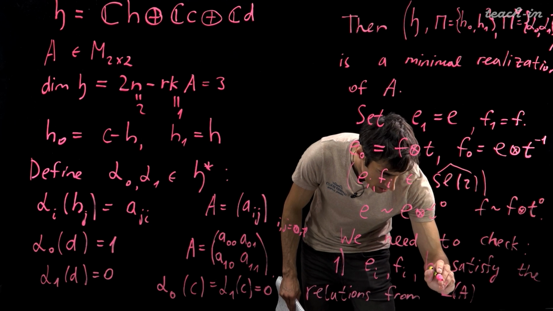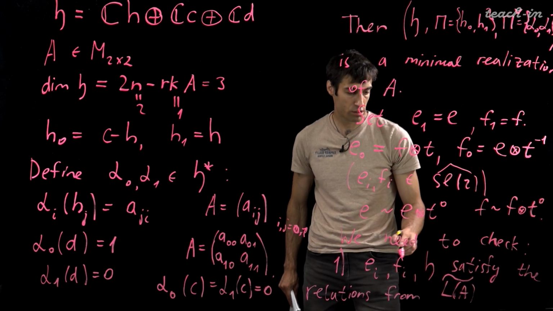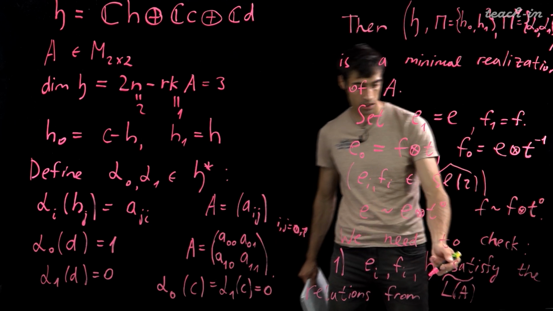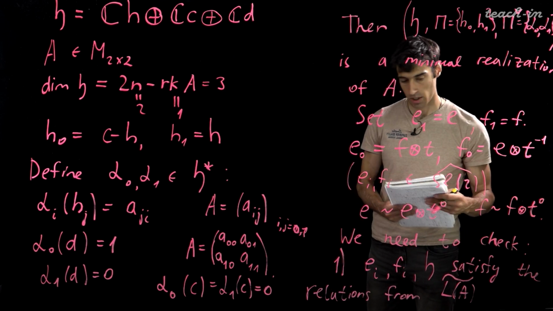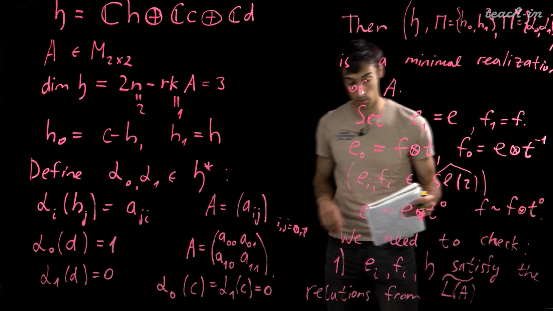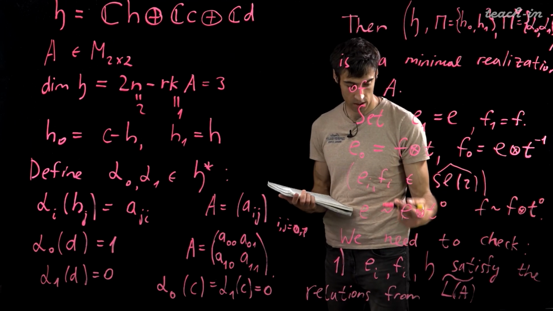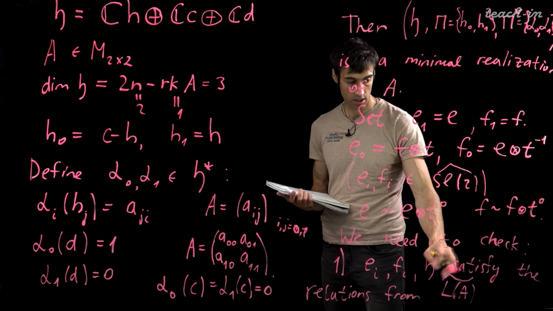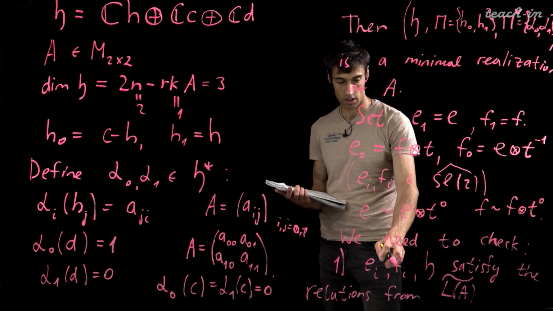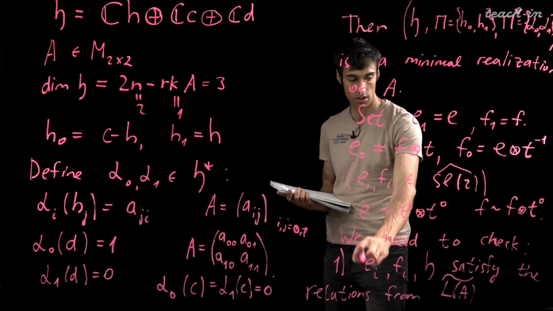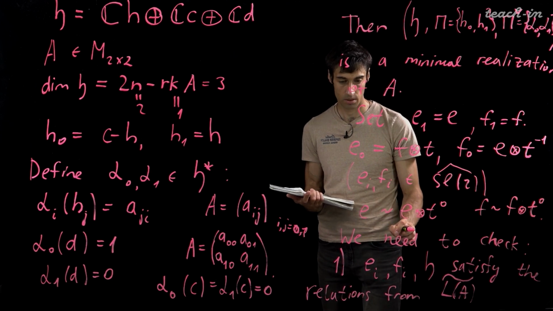So remember, when we introduced Kac-Moody Lie algebras, before quotienting by the maximal ideal which intersects H trivially, we introduced L of A tilde by generators and relations. And so I would like these to satisfy similar relations.